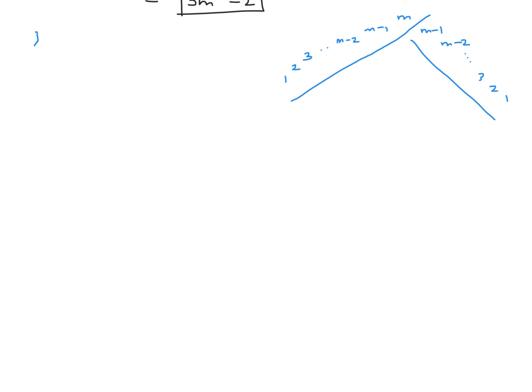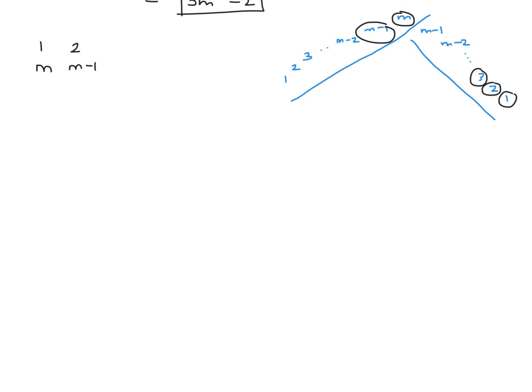Now, comparison. Let me explain what I'm doing here. First, I'm going to write this number right here, this 1, and then I'm going to match it with this m. Then I'm going to take the second guy and match it with m minus 1, so 2 and m minus 1.